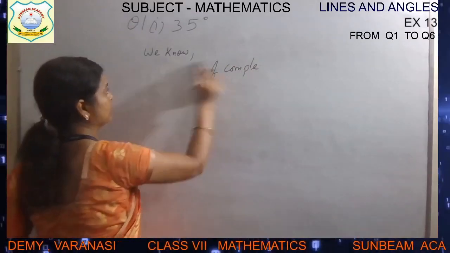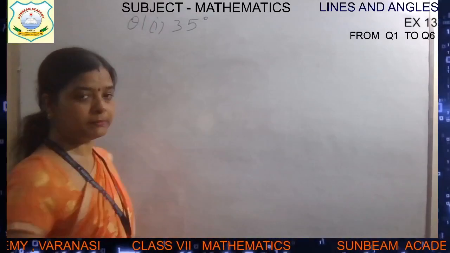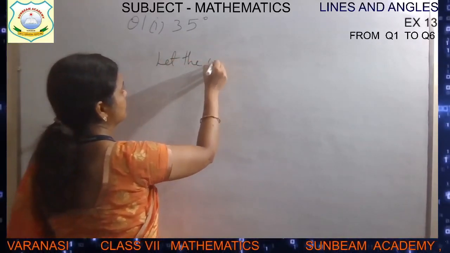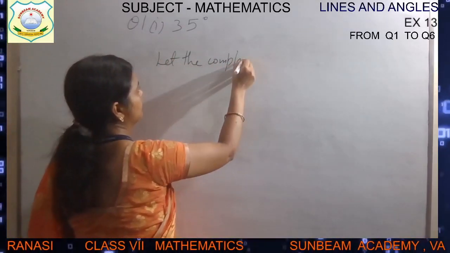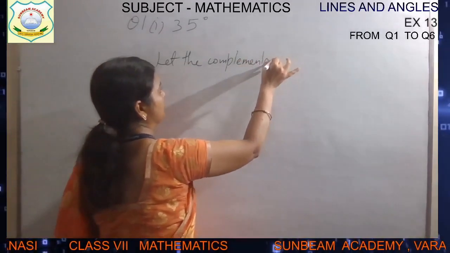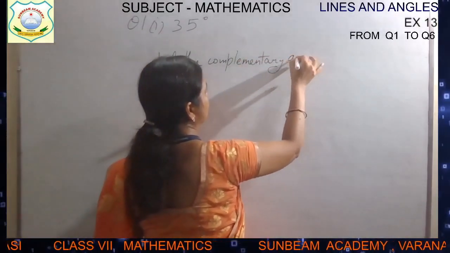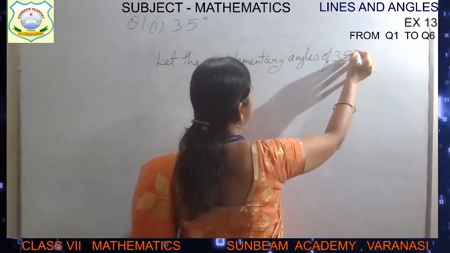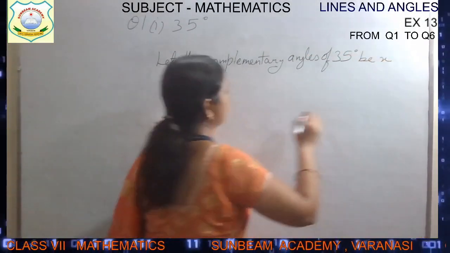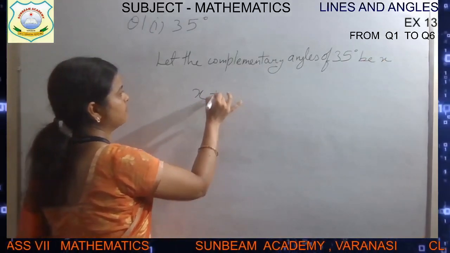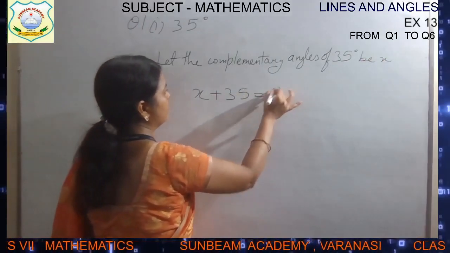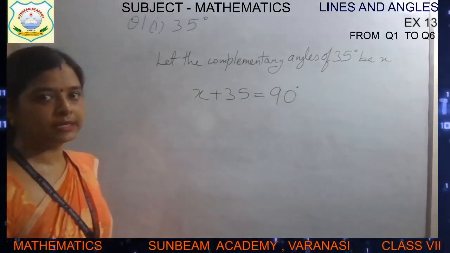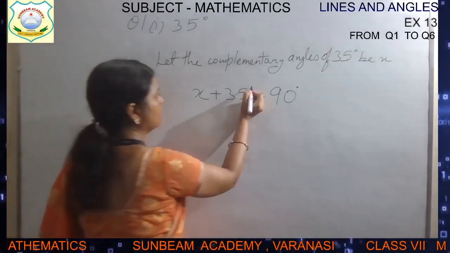Let's start with the beginning. Let the complementary angle of 35 degree be x. So therefore x plus 35 degree will be equal to 90 degree.